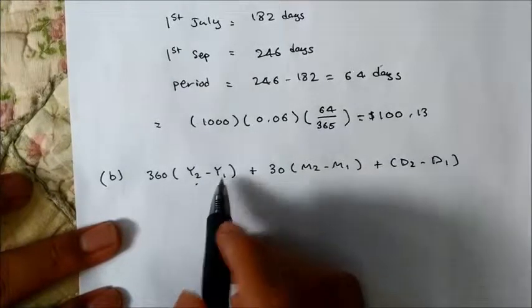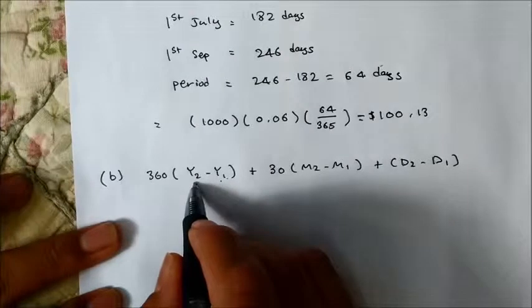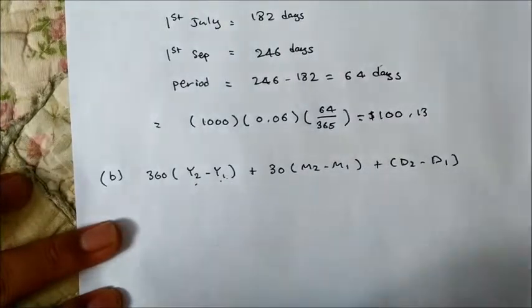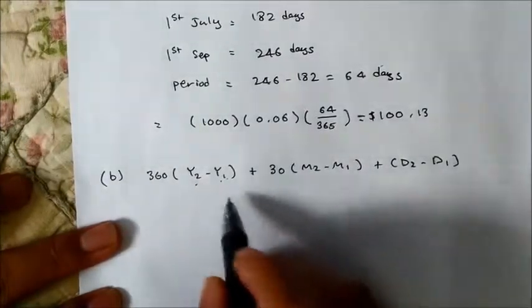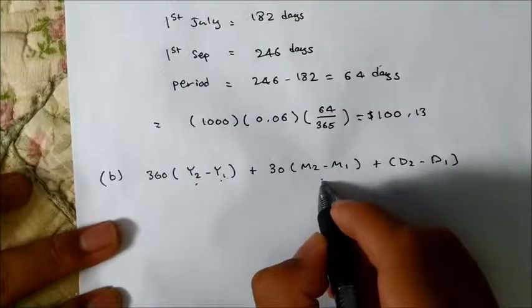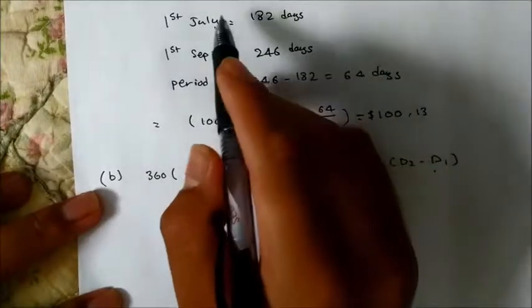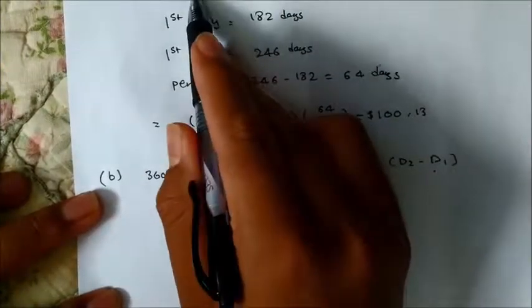Y1 is the year of the first day of the investment, while Y2 is the year of the second date of the investment period. The same goes for M and D, where M represents months and D represents days.